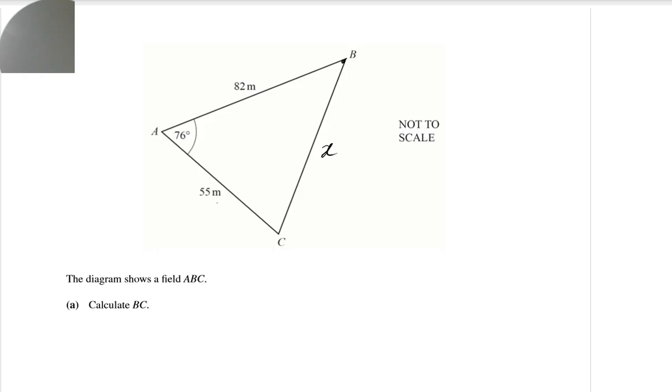And cosine law can be used in two ways, for finding an angle or for finding the side.